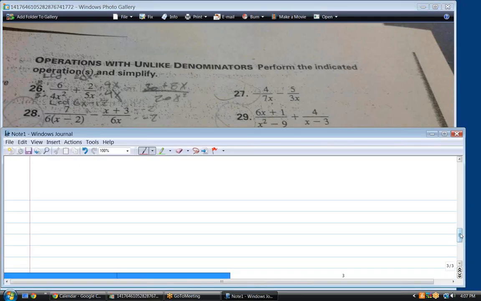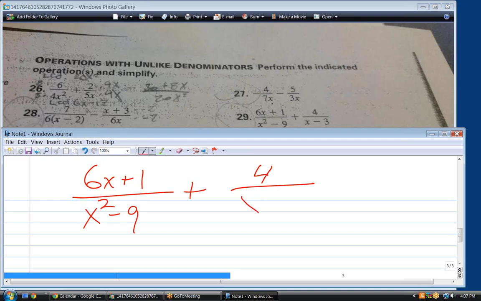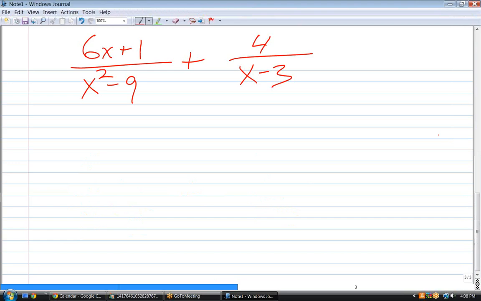29 is another one where we don't need, in other words, what's the common denominator going to be on 29? X minus 6. No. First of all, the common denominator has got to be at least as big as the biggest denominator.